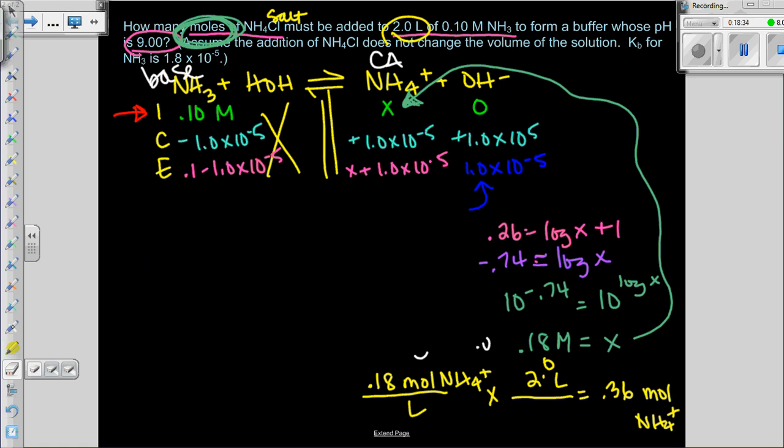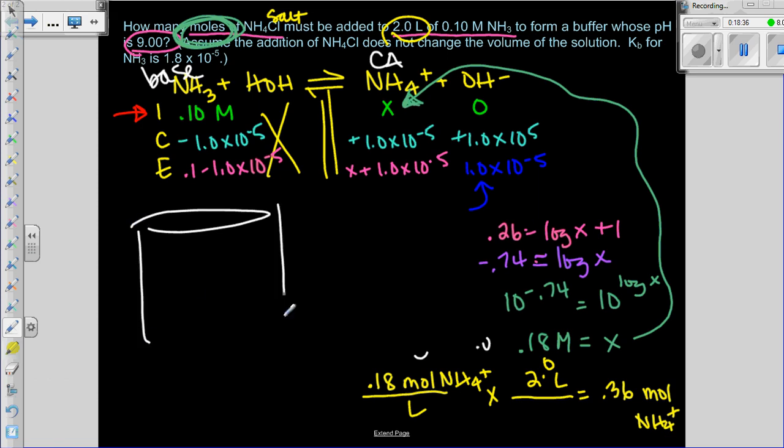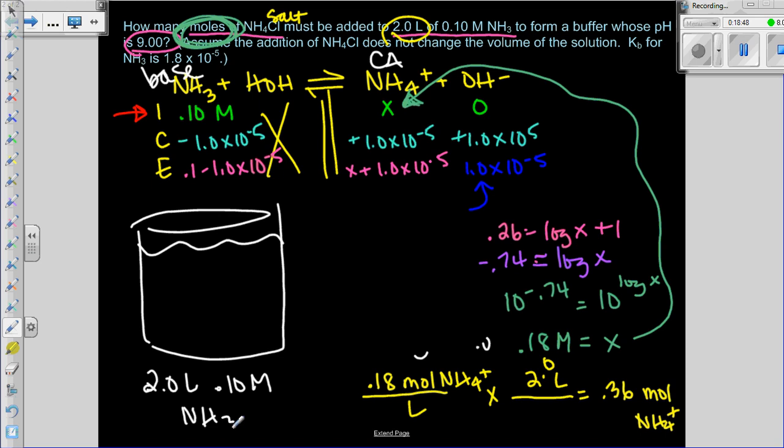Okay, so let's say I had a beaker, and this would be 2 liters of 0.10 molar ammonia. So that's what I have here. To that, I'm going to add some ammonium chloride. And I can't measure 0.36 moles of ammonium.